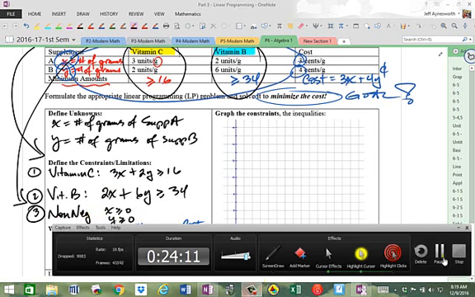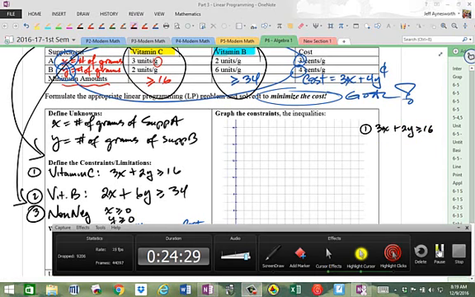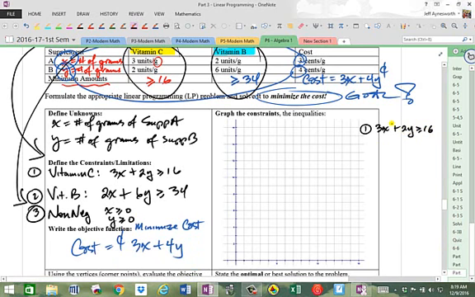Sorry about that. We have to continue here and isolate y on both of these. Let's take 3x plus 2y is greater than or equal to 16, and isolate y. We subtract 3x, and you get 2y is greater than or equal to negative 3x plus 16.